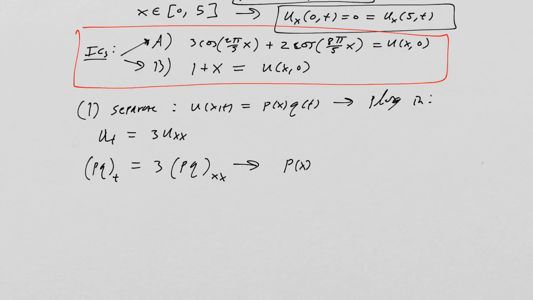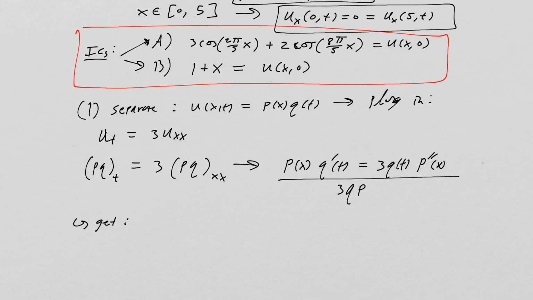The p of x comes out, and you get q prime of t equal to 3 q of t times p double prime of x. Then we divide everything by 3q times p, and we get q prime over 3q is equal to p double prime over p.